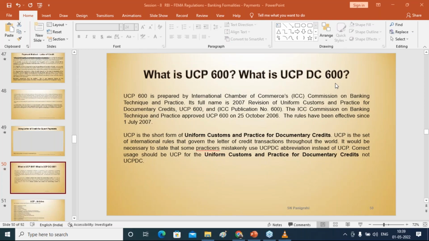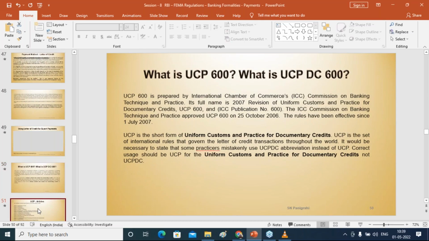All the banks insist on following UCP 600 for all transactions, so it becomes binding. Originally it is not actually binding, but since everybody follows, it has become a compulsory practice. So we have to follow the UCP guidelines. What the UCP guidelines are and other things we'll also discuss.